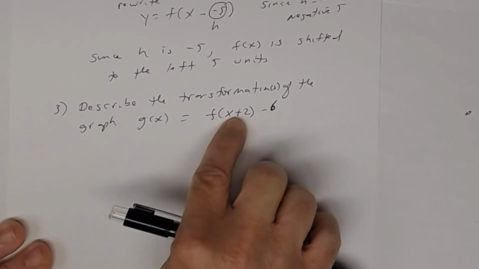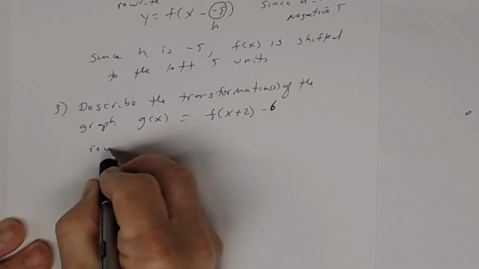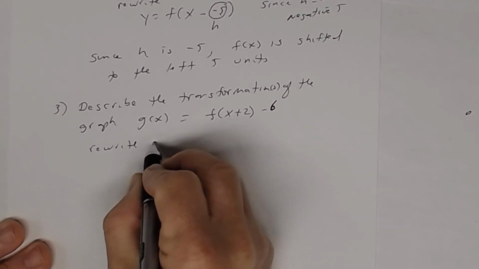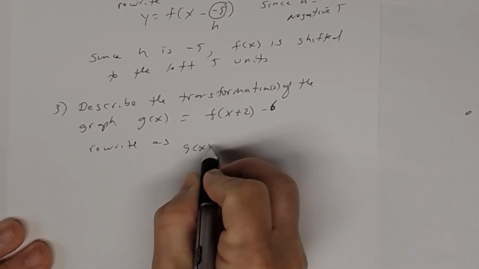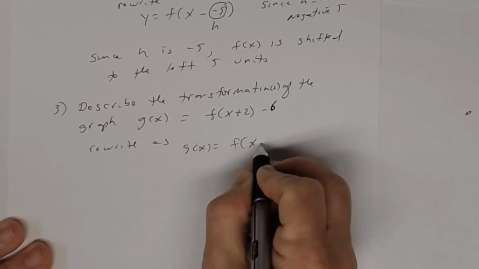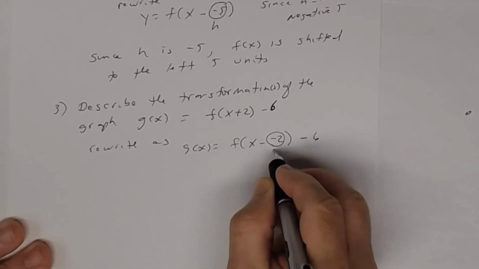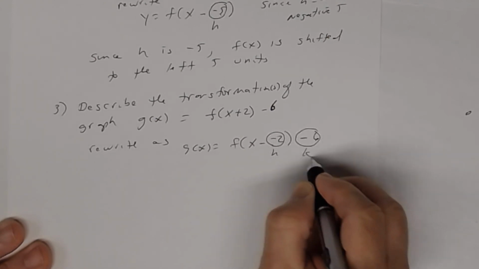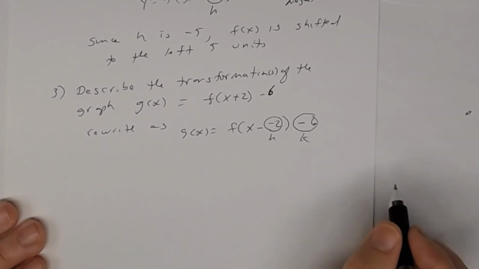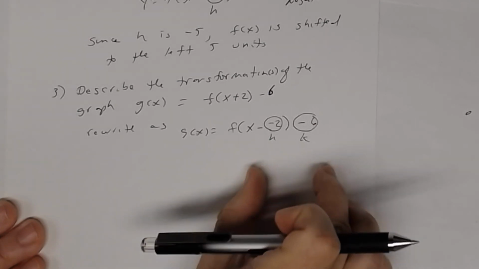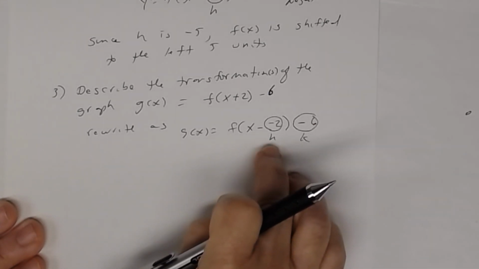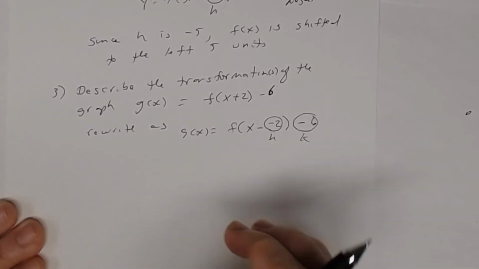Very good. Because I can rewrite this as g of x equals f of x minus a negative 2 minus 6. So this is your h and this is your k. All right. And so in this case, I have two transformations, a horizontal transformation and a vertical transformation.